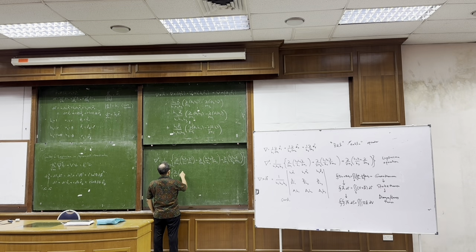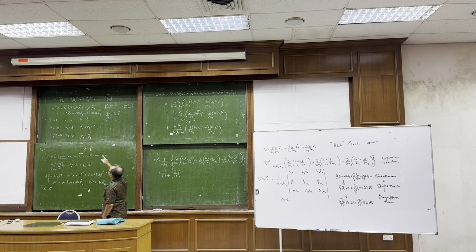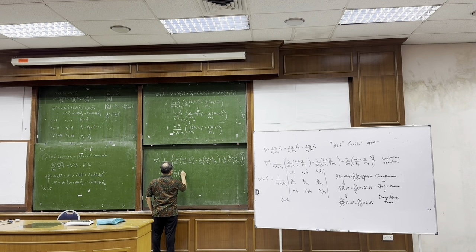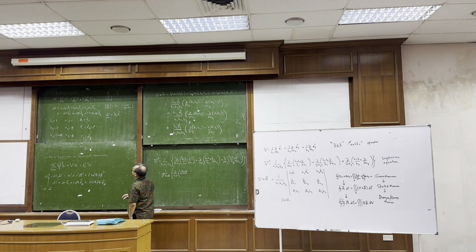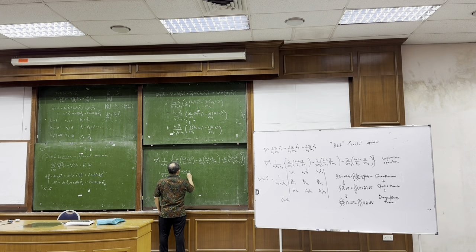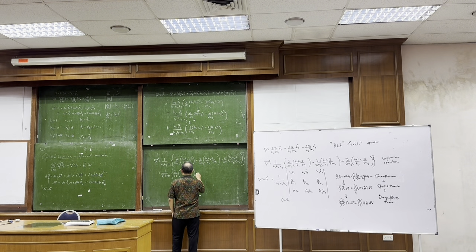This one is h2 h3, which is r squared sinθ, and then divide by h1, which is 1. No need to divide by h1, and then d/dr, ready to operate.